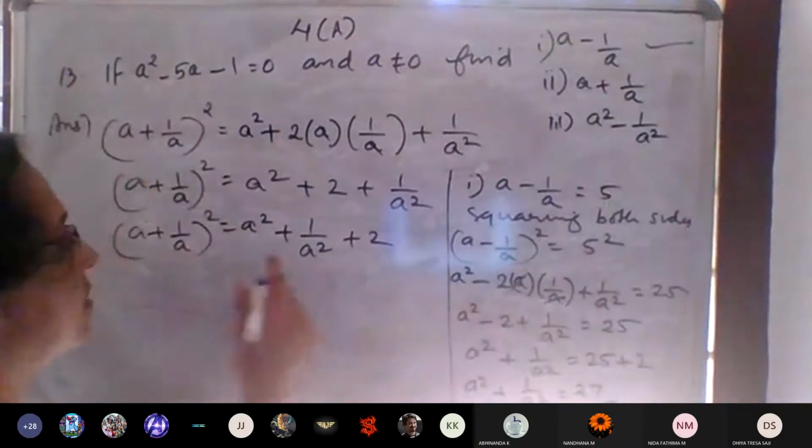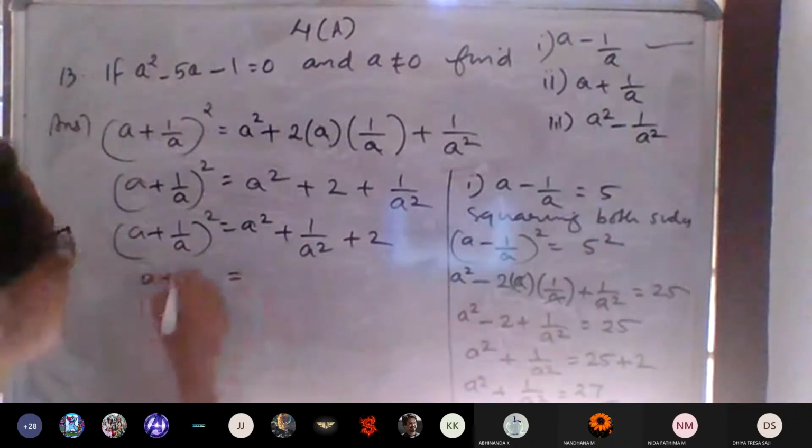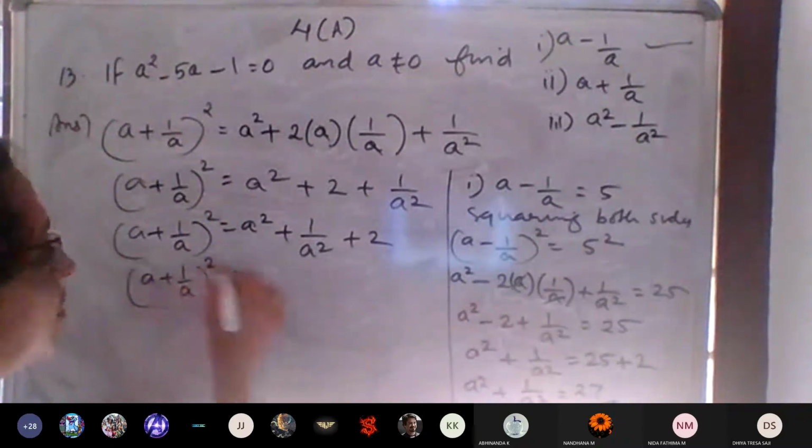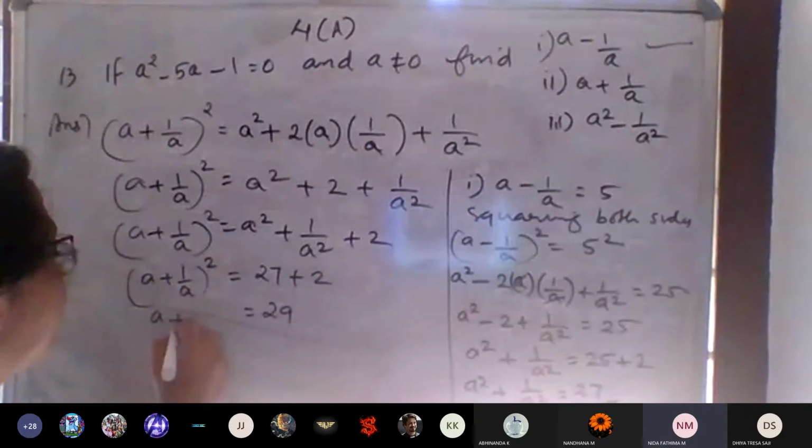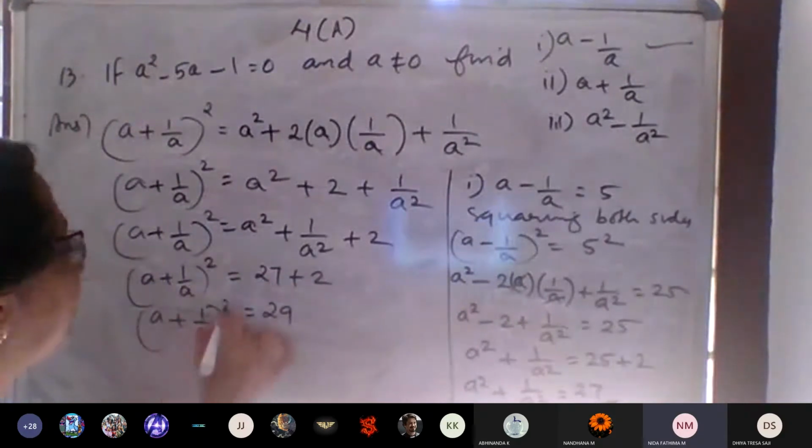That 27 we can substitute here. So a plus 1 by a the whole square is equal to 27 plus 2, that is 29. Up to this correct now?